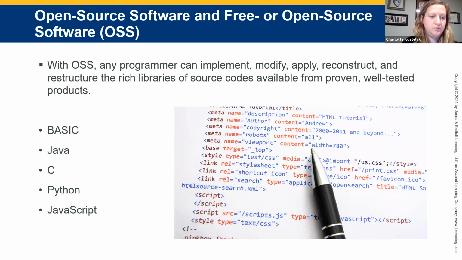So I just pulled up some basic programming software here. So we have basic Java, JavaScript, C, Python. Those are pretty common ones. And then also with the open source, the number one open source software that is used in healthcare is actually Firefox, the Mozilla.